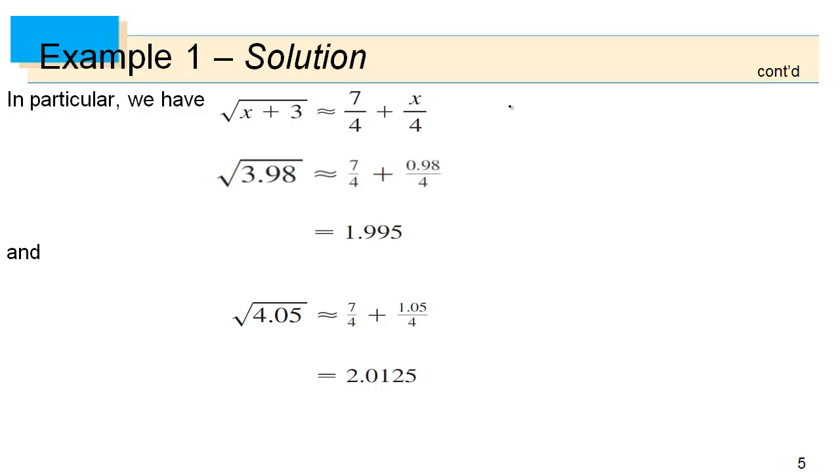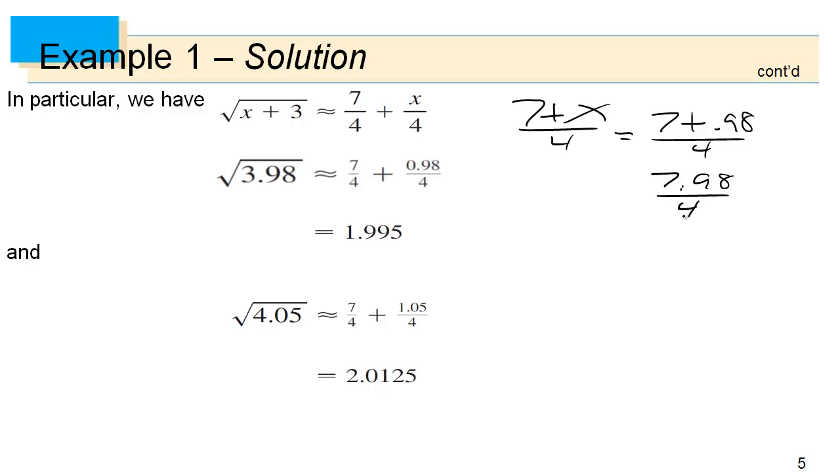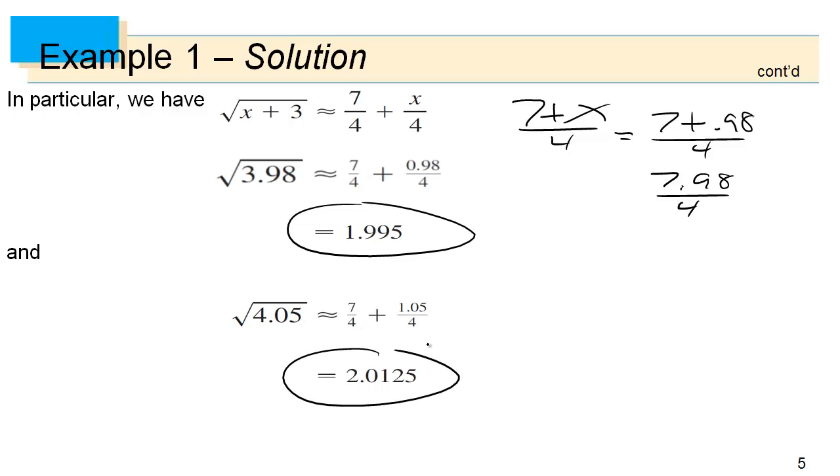If you were using my version, sorry, that should be a 7 plus x over 4, it's the same darn thing. It's 7 plus 0.98 over 4, and there's your 7.98 over 4, and then there's your 1.995. Same thing if you want to do this one, you get 2.0125.